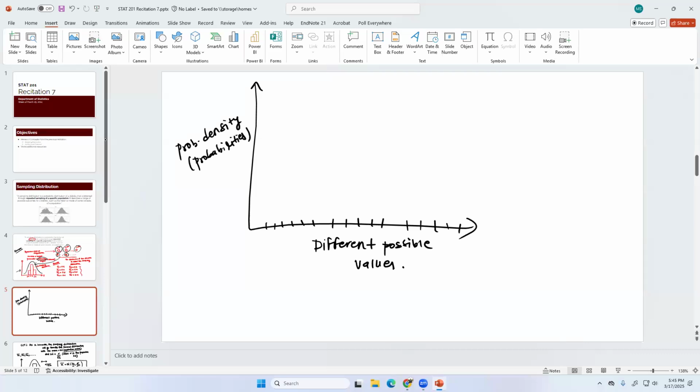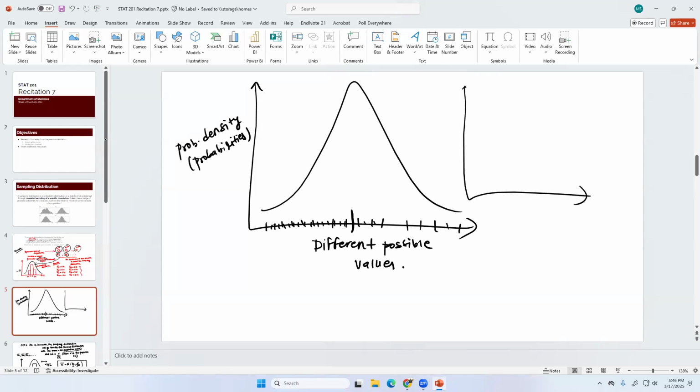This is what it means when I say a distribution, okay? A normal distribution means that this set of possible values that you might have has this sort of probability. The probability in the middle is the highest, and as you go away from the center, the probability decreases, right? So this is one distribution. This is a normal distribution.